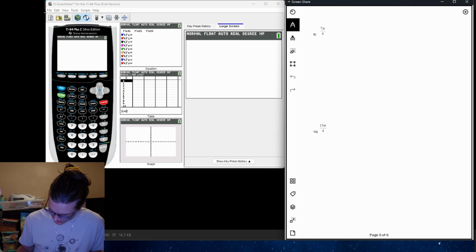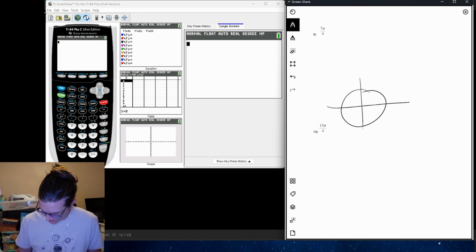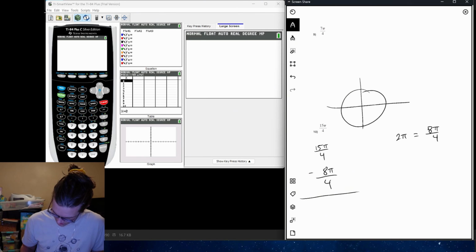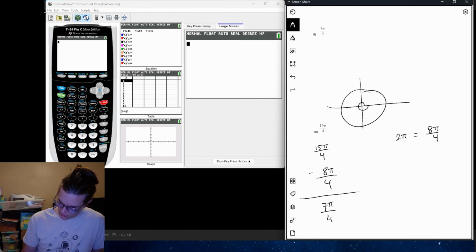All right, reference angle for 15 pi over 4. How am I going to do this? 2 pi is equal to what, 8 pi over 4. That's one full rotation. We'll subtract it away, meaning we did this, one full rotation. The result of this is 7 pi over 4, which from memory is right here.